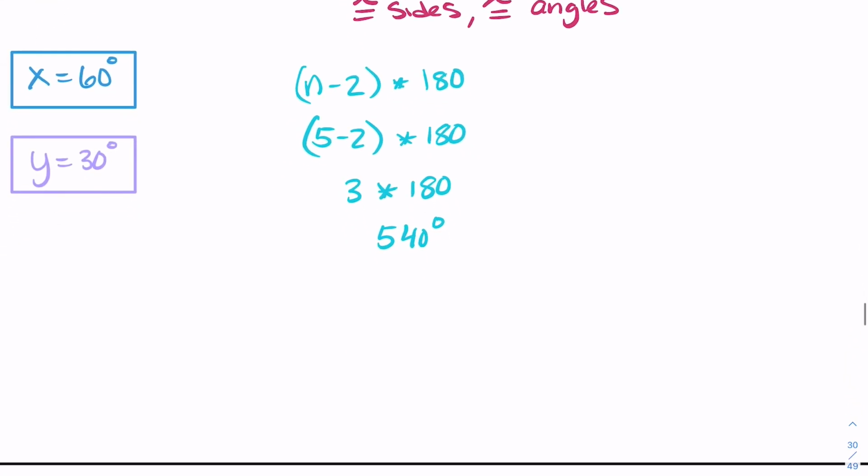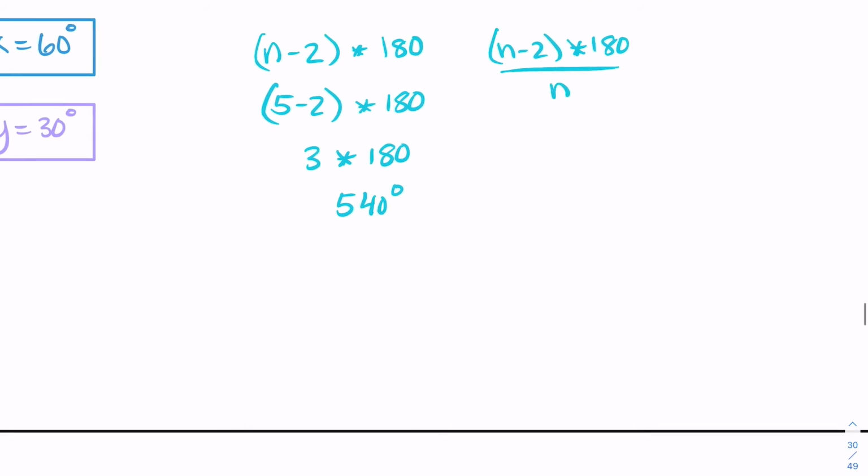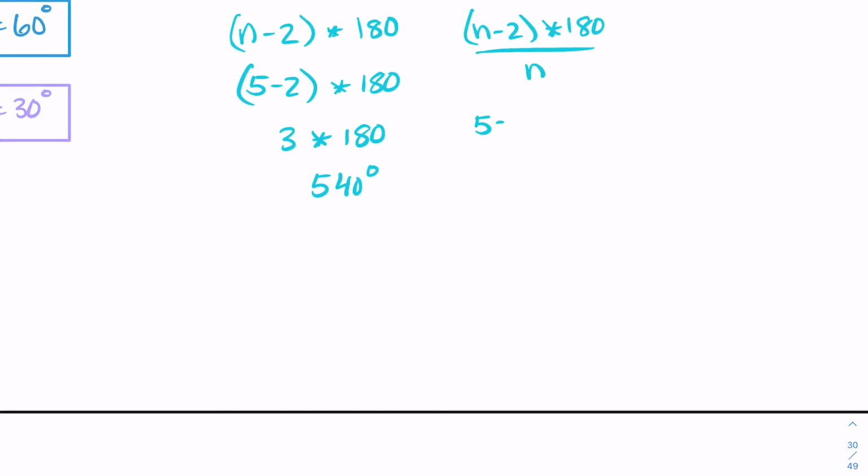So what I can do now is take n minus 2 times 180, and if I divide it by n, it would give me the amount per angle. So I'm going to do 5 minus 2 times 180 over 5.